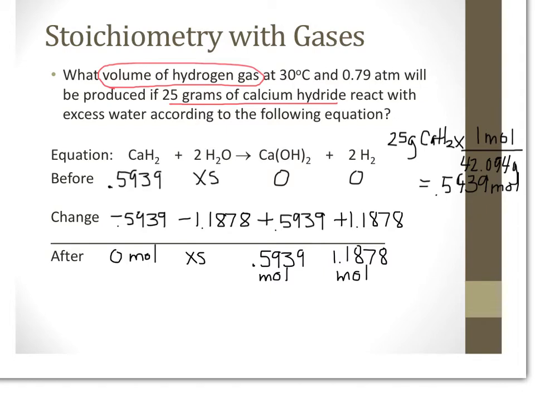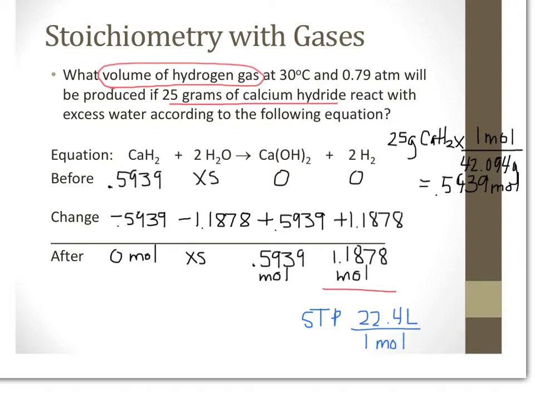So now to figure out where to go next, I refer back to the problem. The problem says we're looking for volume of hydrogen gas. What we know right now is moles of hydrogen gas. And so we can get from moles to volume by several different ways. First, if you're at STP, you could use the molar volume we discovered in the lab, 22.4 liters in every 1 mole.